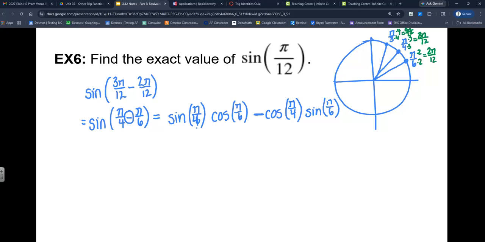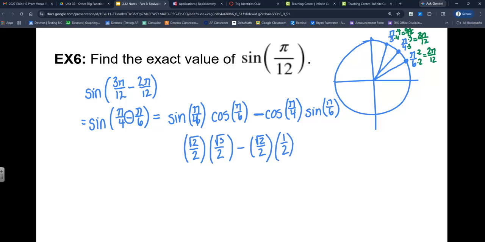Sine of pi over 4 is square root of 2 over 2. Cosine of pi over 6 is square root of 3 over 2. Cosine of pi over 4 is square root of 2 over 2. And sine of pi over 6 is 1/2.